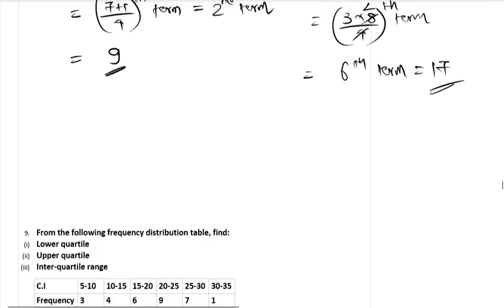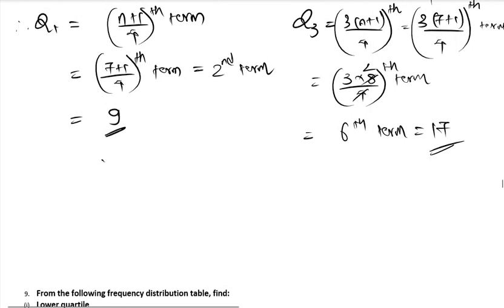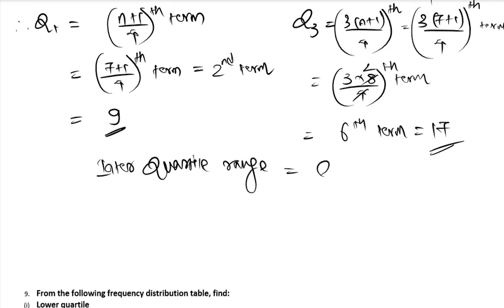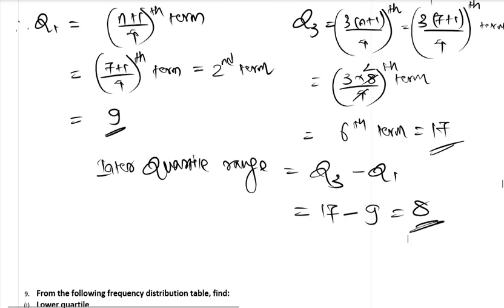Now, what is interquartile range? Please pay attention. Interquartile range is Q3 minus Q1. Q3 is 17 minus Q1 is 9. So interquartile range is 8. Interquartile range is 8.